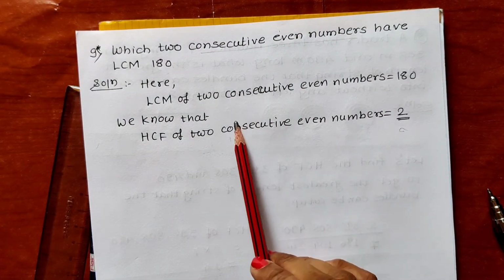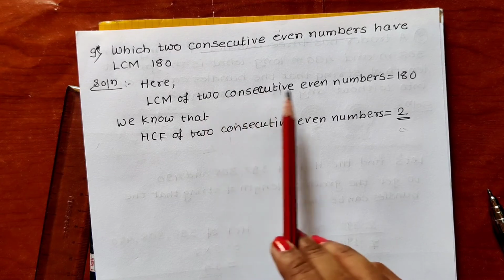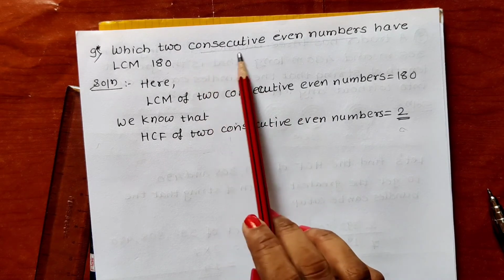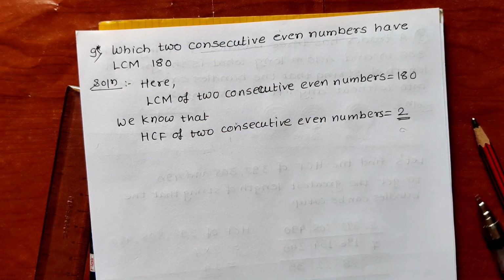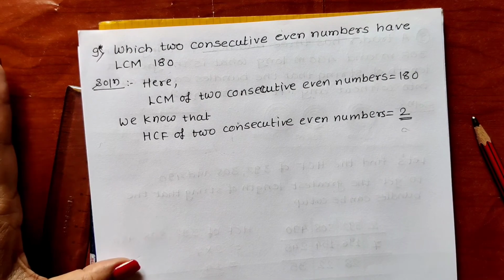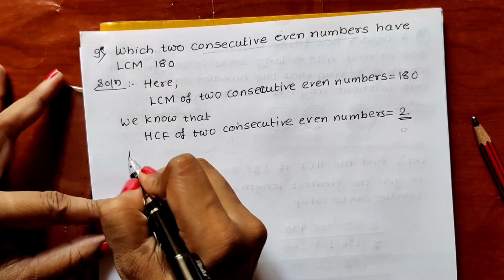So HCF we have got, LCM is given to us, and we have to find two consecutive even numbers. So we know the formula, we can apply the formula. Which formula?